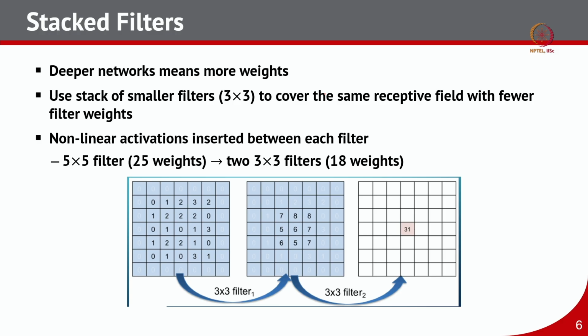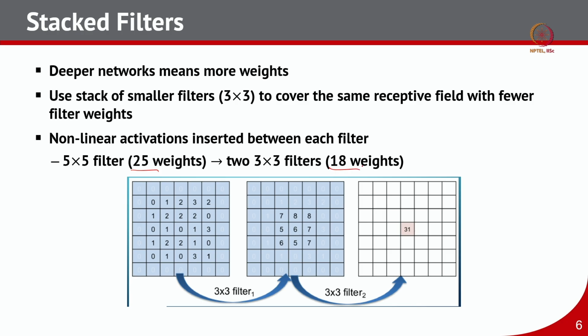If you remember, we discussed that instead of having one big filter like a 5 by 5 filter, we can use a stack of smaller filters, like two 3 by 3 filters, to cover the same receptive field. With a 5 by 5 filter we have 25 weights, but with 3 by 3 filters we will just have 18 weights.